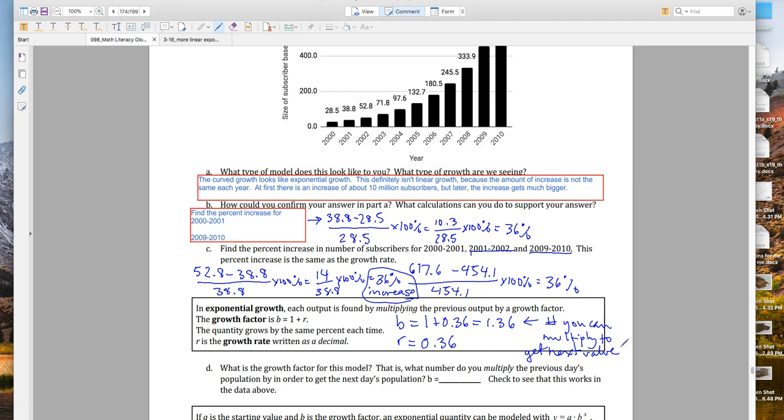That is, what number do you multiply the previous day's, we shouldn't say population, we should say subscriber amount, to get the next day's, or the next year's subscriber amount. I must have made a mistake here.